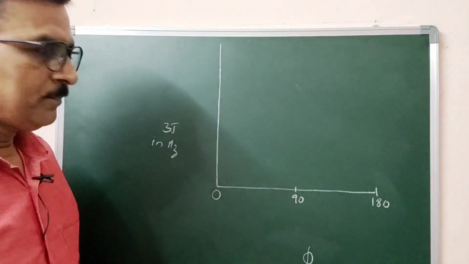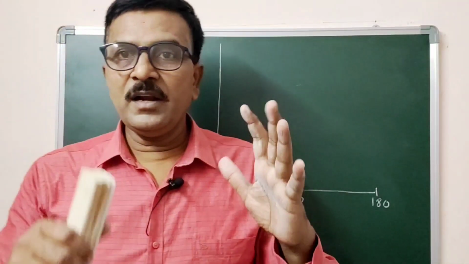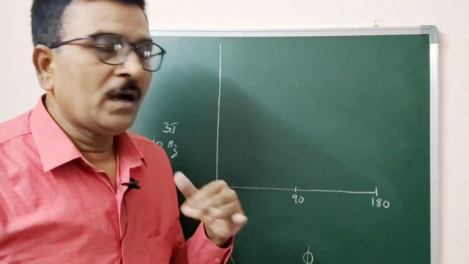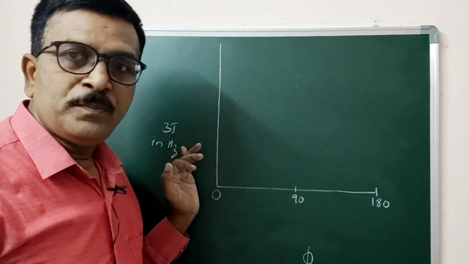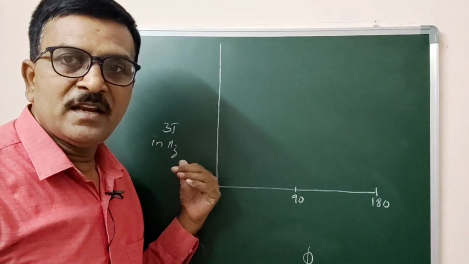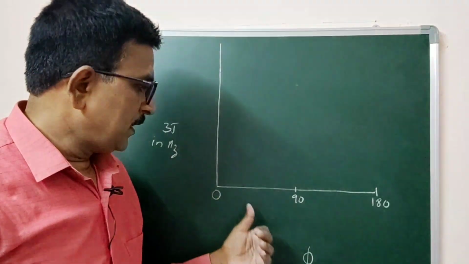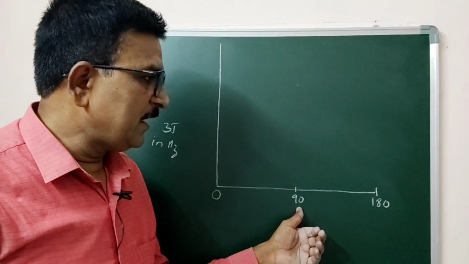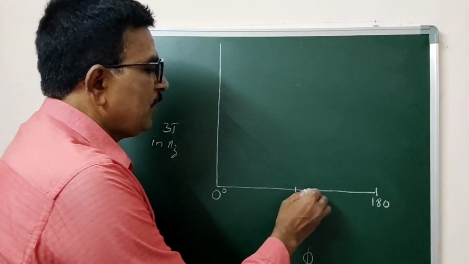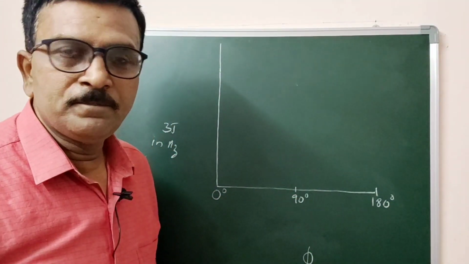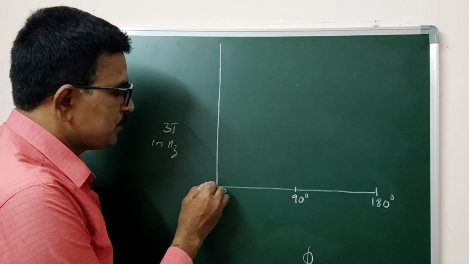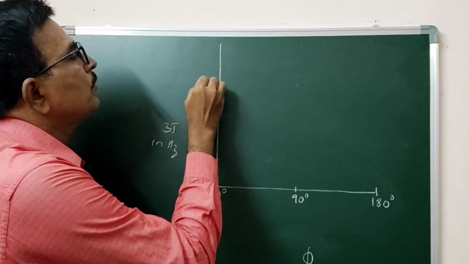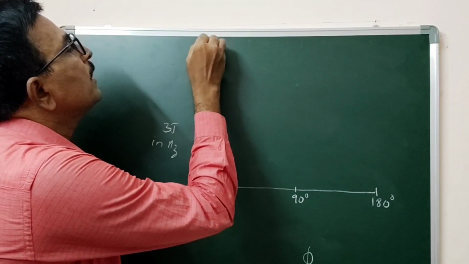This is the graphical representation of the relation between the dihedral angle and the vicinal coupling constant according to Karplus. The dihedral angle is marked at 0 degree, 90 degree and 180 degree, and the J values run 0, 1, 2, 3, 4, 5, 6, 7, 8, 9 and 10 like that.